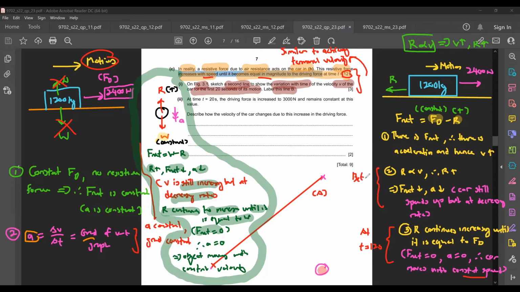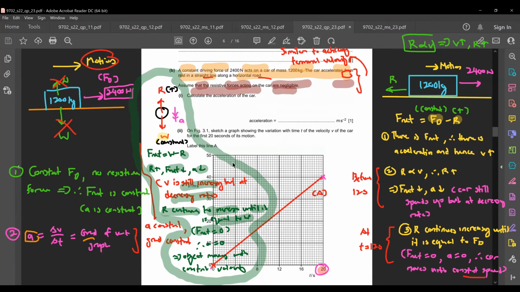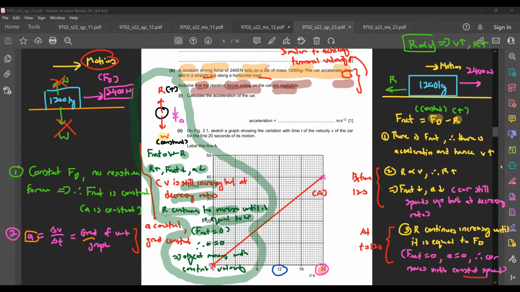So this part here is before 12 seconds. All right, you want to draw your graph, I make use of the same thing. This one I'll probably need to draw using a separate color. Let's just say I use a blue colored line. Now 12 seconds is here. You already know you start to move with constant velocity at 12 seconds.